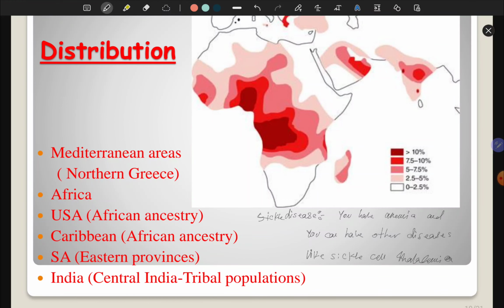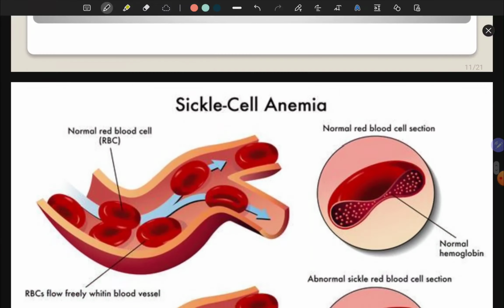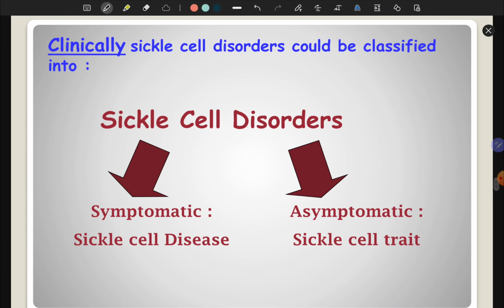Again, we have sickle cell disease, which is symptomatic, and we have the asymptomatic sickle cell trait. Do you believe that sickle cell trait is totally asymptomatic? A normal person with this abnormal mutation, what do you expect to happen in that carrier and when?